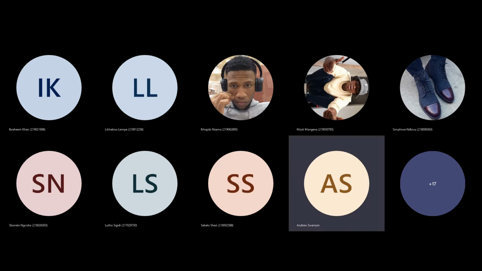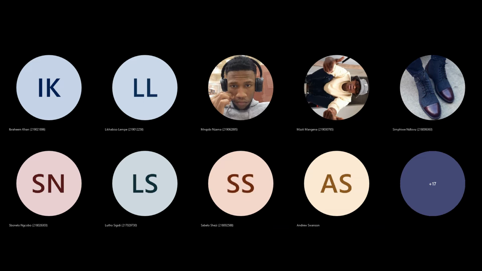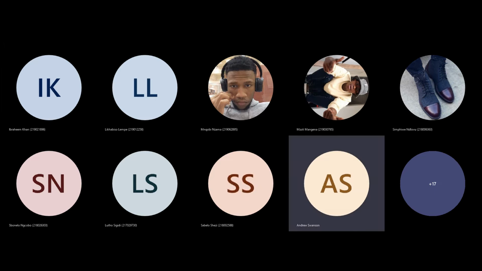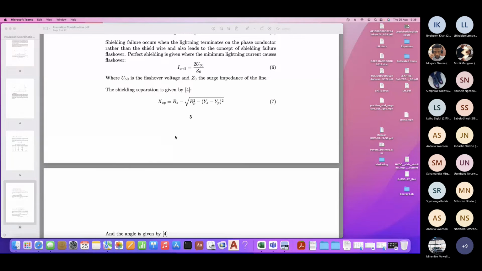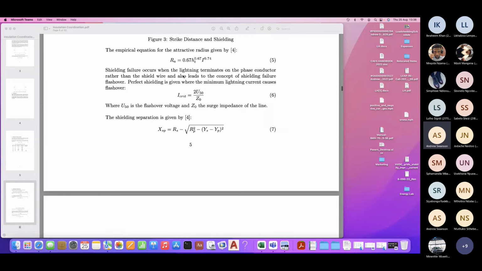So shielding failure occurs when lightning terminates in the phase conductor rather than the shield wire, or the earth wire, but it also leads to flashover.